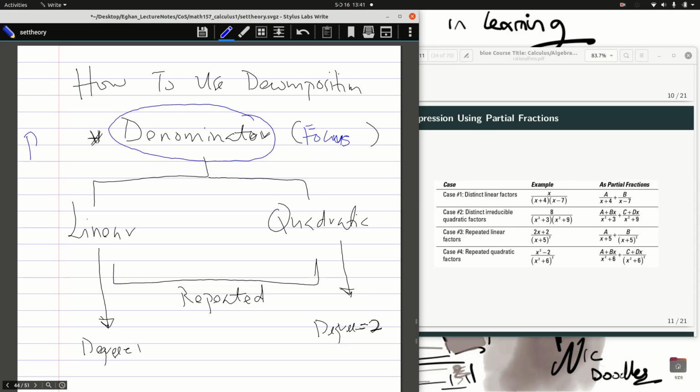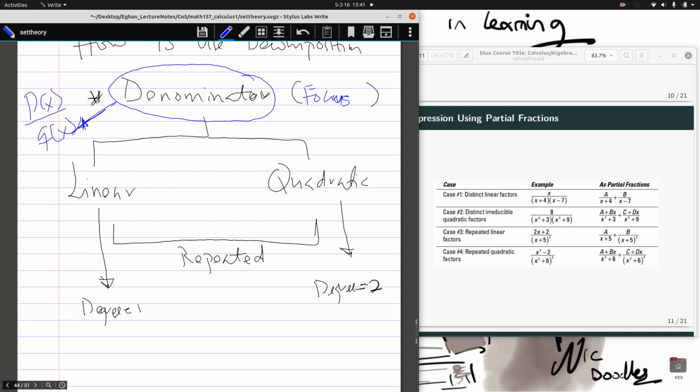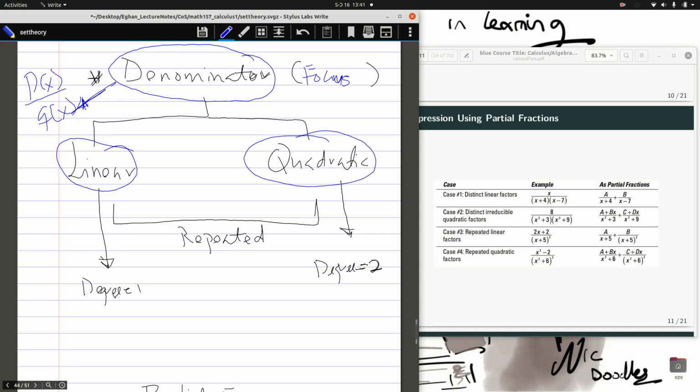So if I have P of X over Q of X, this is a rational function. My concentration is on the Q of X. Now this Q of X can be linear. It can also be a quadratic form. Since Q of X is a polynomial, you know when it becomes linear. Linear means degree of 1.